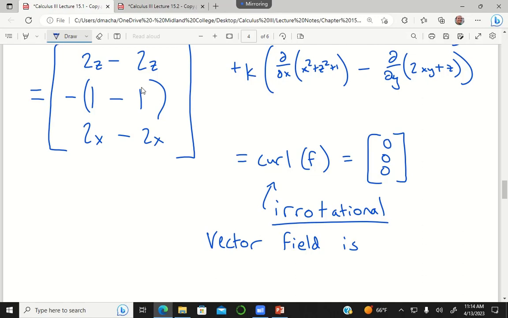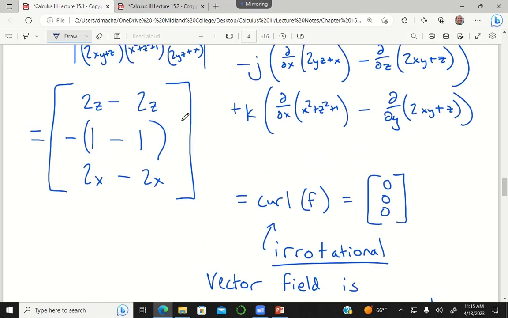I said yesterday there's a special kind of vector field that's kind of neat. And conservative, yeah. This vector field is conservative if the curl is the 0 vector. This is a conservative vector field because it's irrotational.